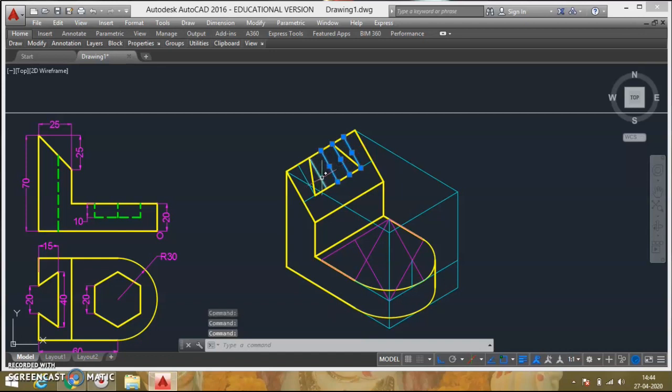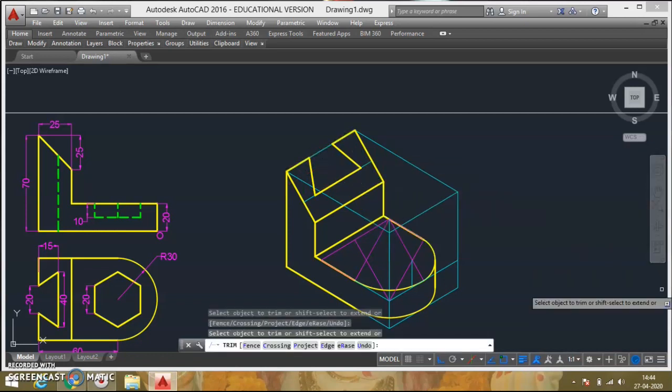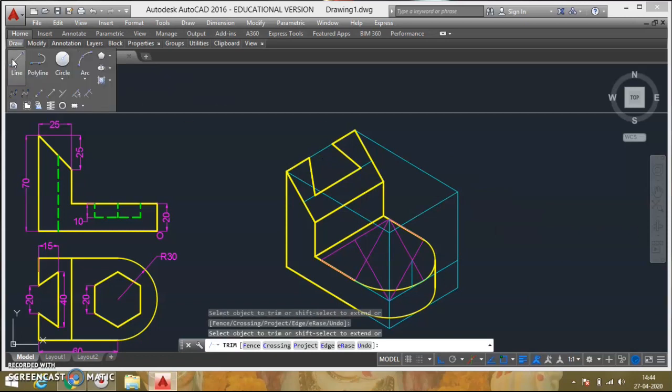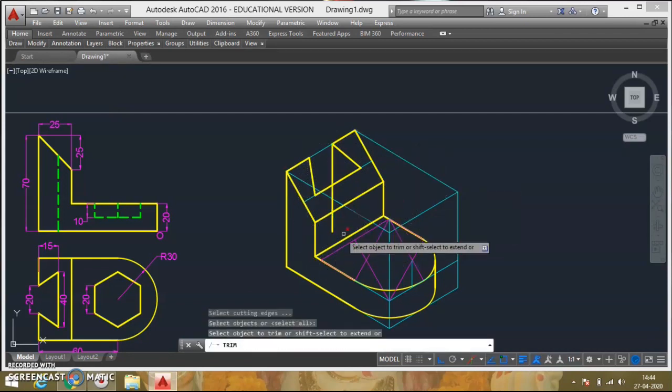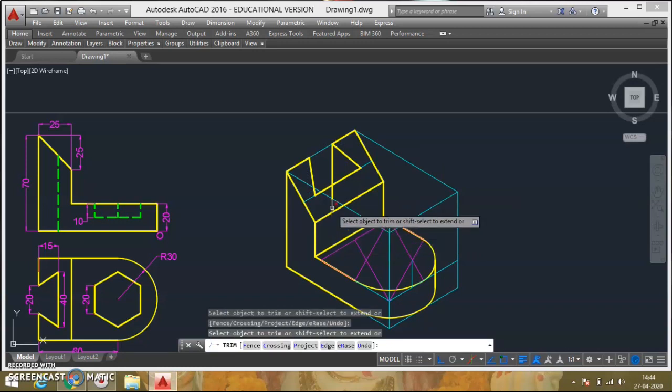So if you don't want those lines, you can just erase them, and thus the line between will be removed. Once it is done, then one line we have to draw here is a vertical line. So I can just go down to draw that vertical line, because that will be visible. So like this, the slot will come for this inclined portion.